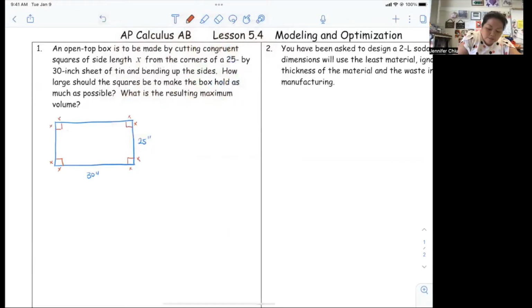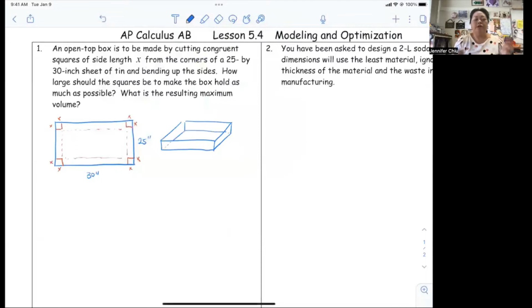And so the idea is that you bend this side up, and this side up, and this side up, and this side up to create an open top box. So your box will look something like this, standing up. Like so, right? So again, there's no cover on the top. And the reason for cutting out the squares is so there's no overlap in your material.